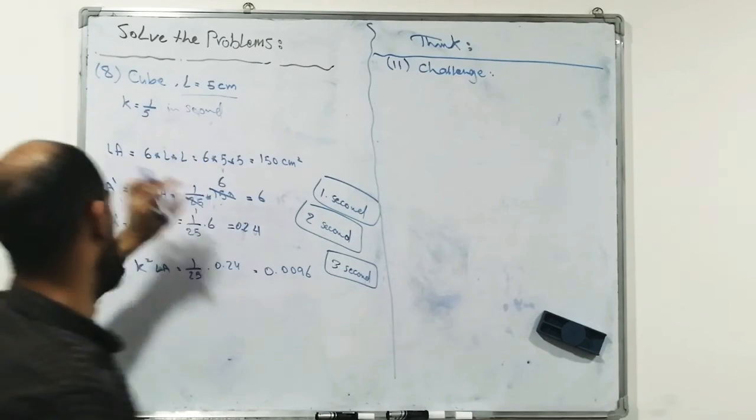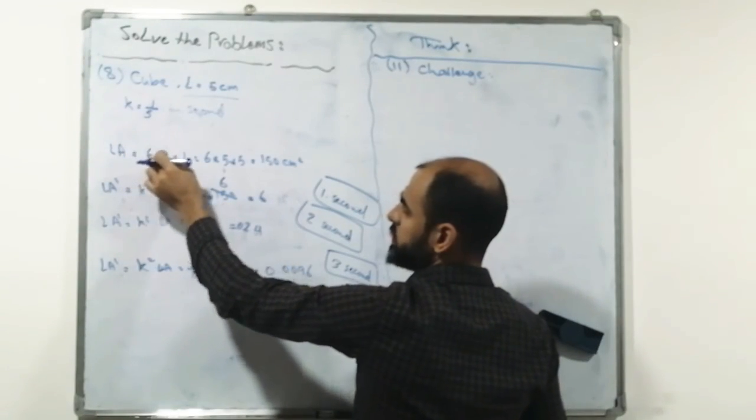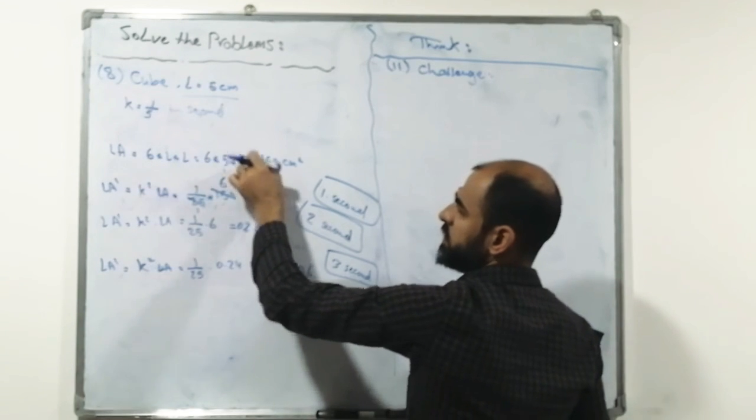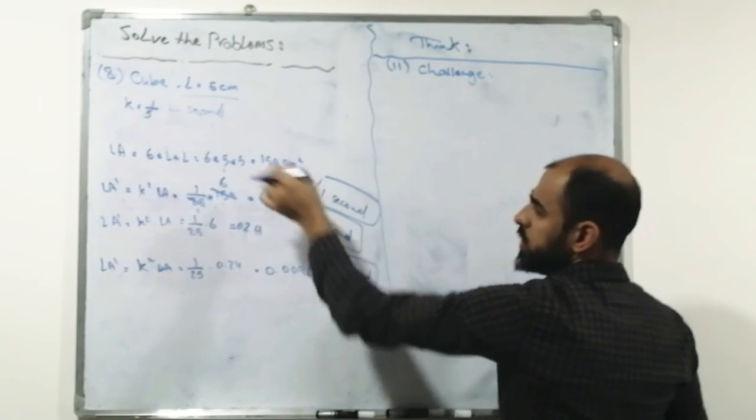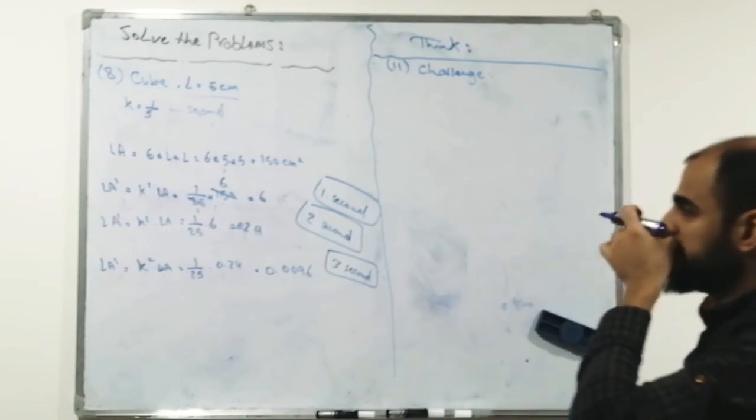I will use the law of lateral area of the original shape. The law of lateral area of the cube is 6 by L by L, so 6 by 5 by 5, since the length is 5. 5 by 5 is 25, by 6 is 150, the lateral area.